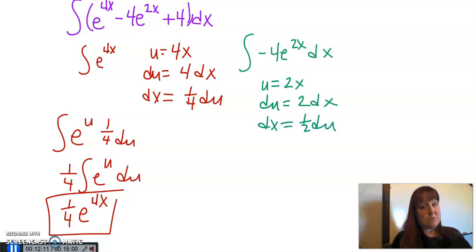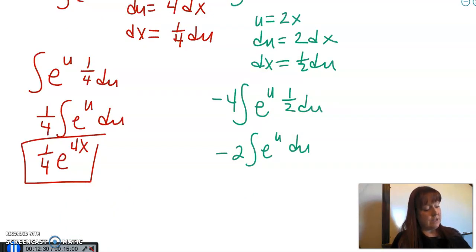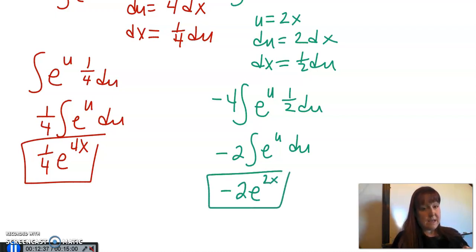And so I can just plug that back in, and I end up with the integral, we'll just take that negative 4 outside, e to the u times 1/2 du. So I'm going to take that 1/2 out, so I have negative 4 times 1/2, which is negative 2 times the integral of e to the u du. And then what is the integral of e to the u du? Well, it's just e to the u, so I have negative 2 e to the u, and u was 2x. Okay, so that's my second piece.